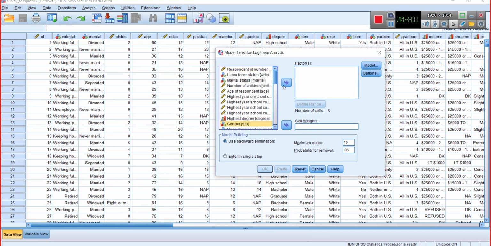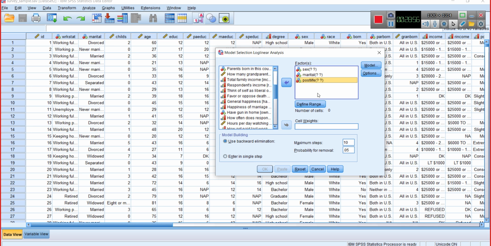For example, I am going to investigate the relationship of the variable of sex or gender and the marital status, and the dependent variable would be belief in life after death.